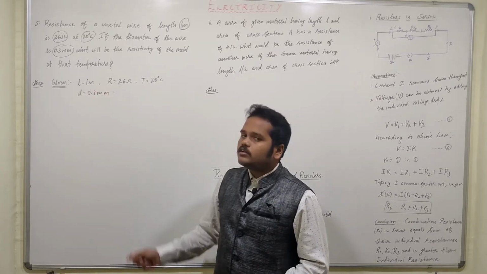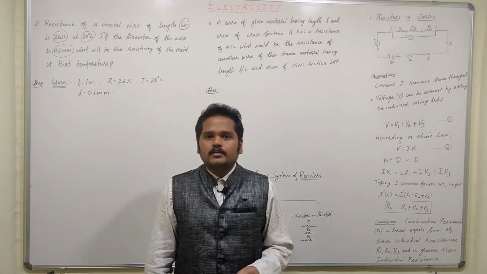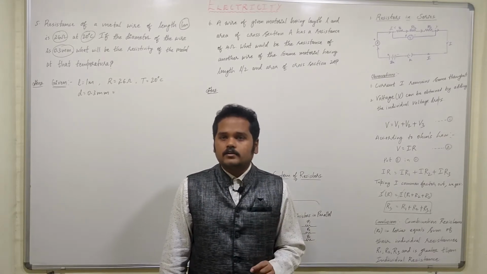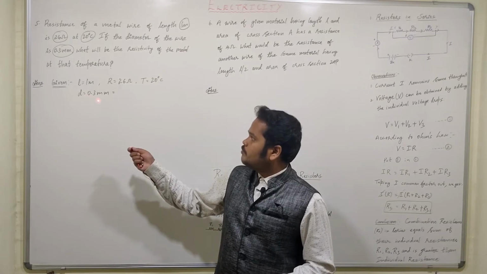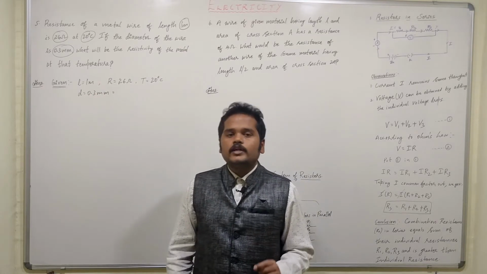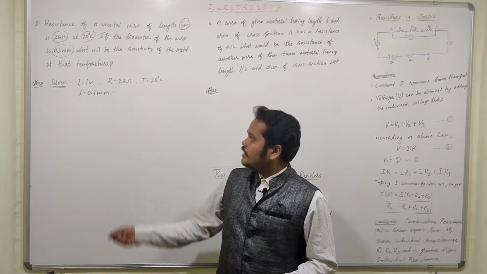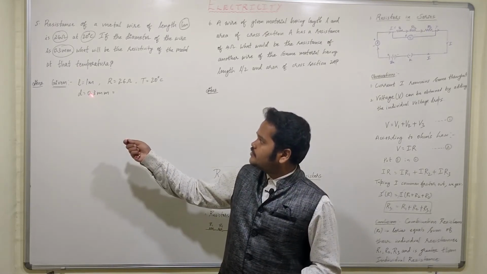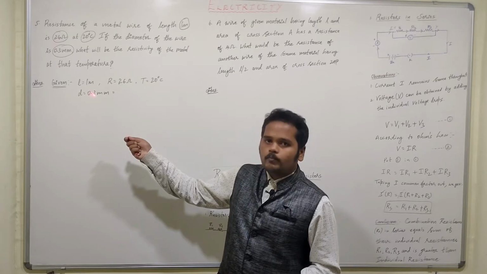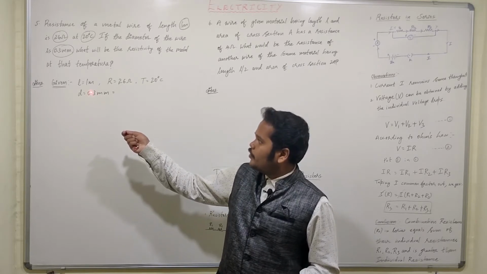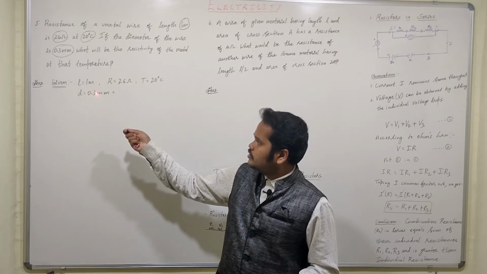So we have to convert millimeter into meter. 1 millimeter is equal to 10 to the power minus 3 meter. So first we multiply this by 10 to the power minus 3 to get meters. Here we have 0.3, and we can shift the decimal point towards the right, so it becomes 3.